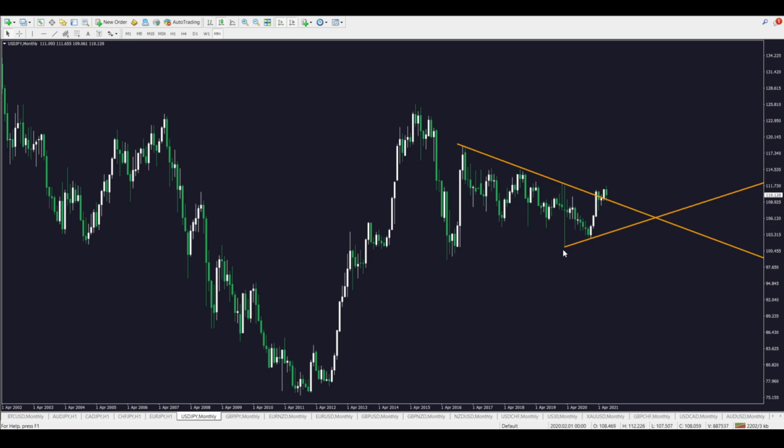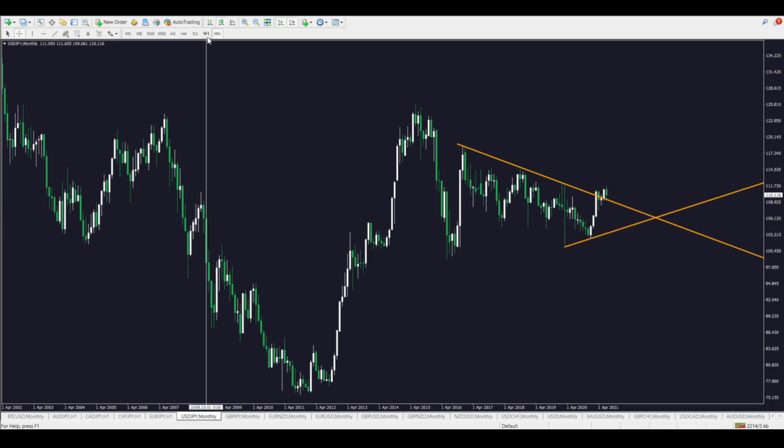Looking at the monthly, for me, my bias is very bullish. Price broke out from the bearish trend line and found support. And even this candle currently shows some rejection on the back of the trend line.